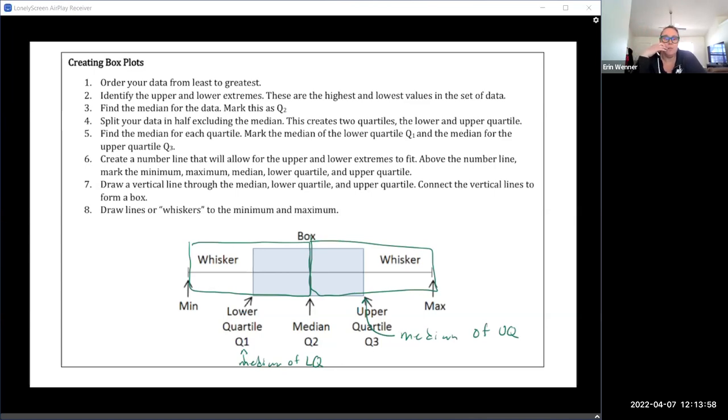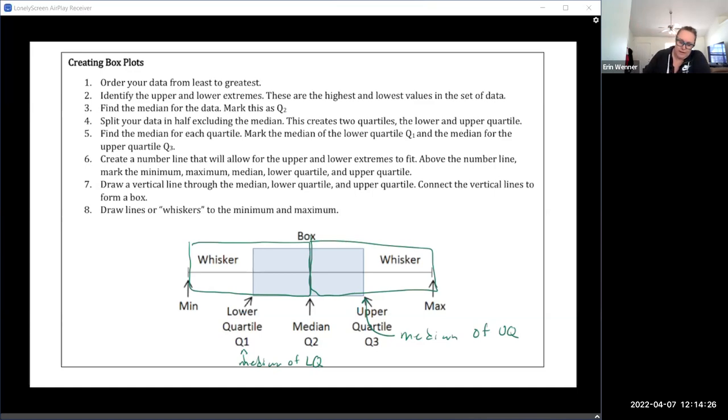And so above the number line, you're going to mark the minimum point, the maximum point, the median, the lower quartile, and the upper quartile. Then you're going to draw vertical lines through those dots for the median, the lower quartile, and the upper quartile. You connect the vertical lines to form a box, and then you draw lines out to your whiskers.